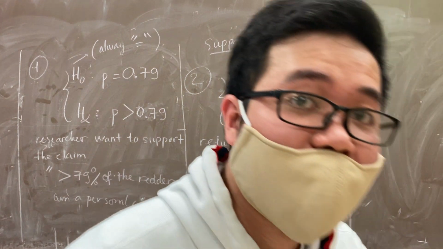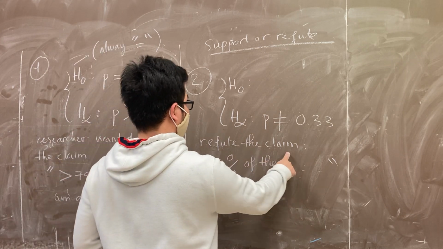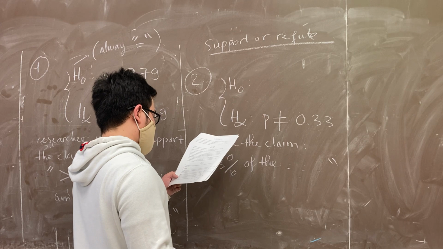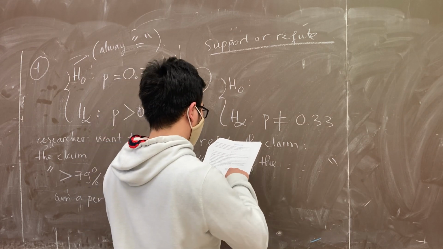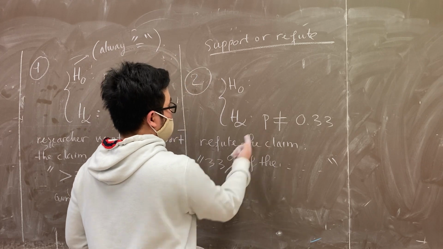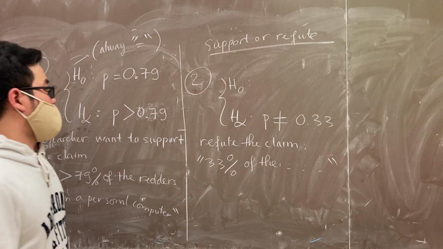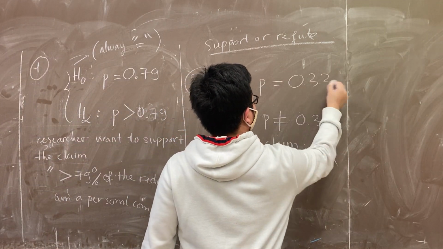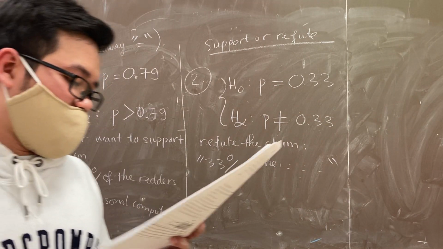Is it clear, guys? Because in this case they want to refute the claim. The claim here is that 33% of the readers own a Rolls Royce. So that means the percentage is different from this number. And now the null hypothesis is exactly this number. Okay, we finished this question.